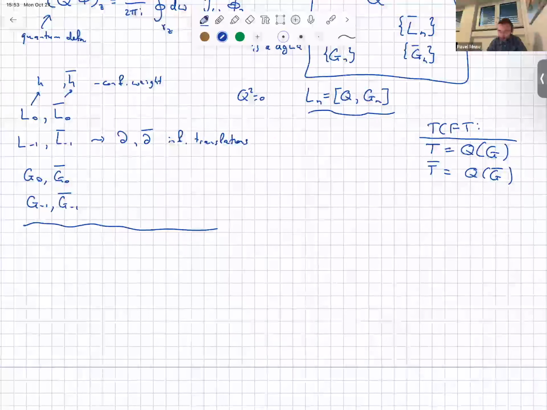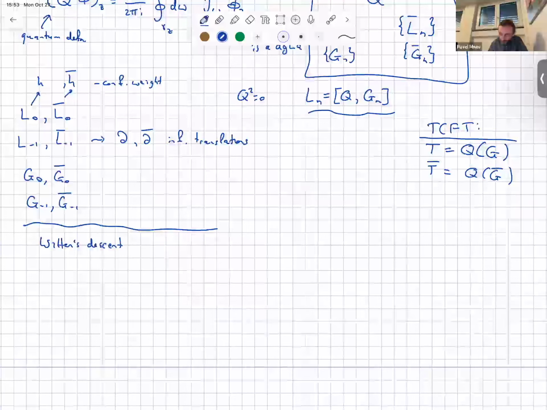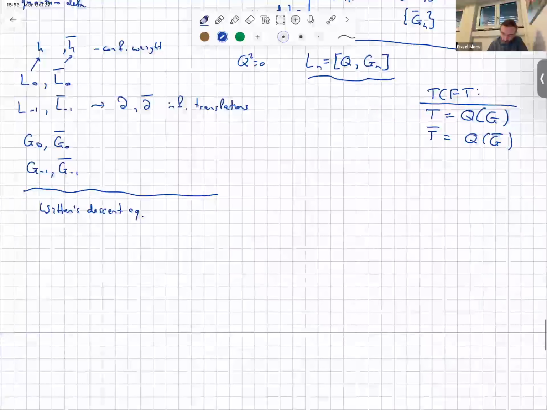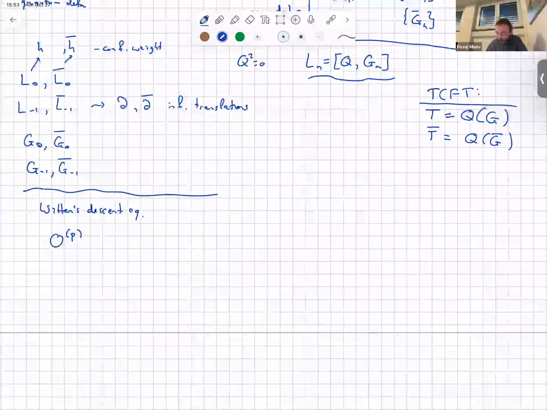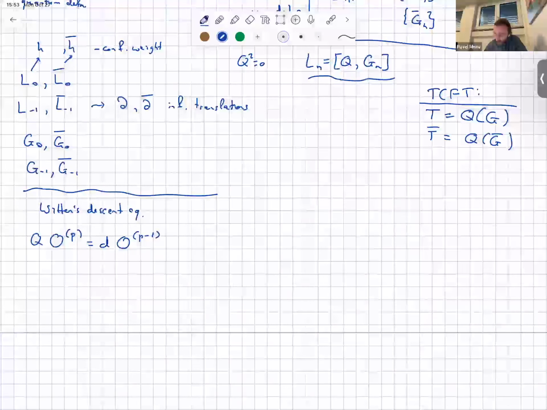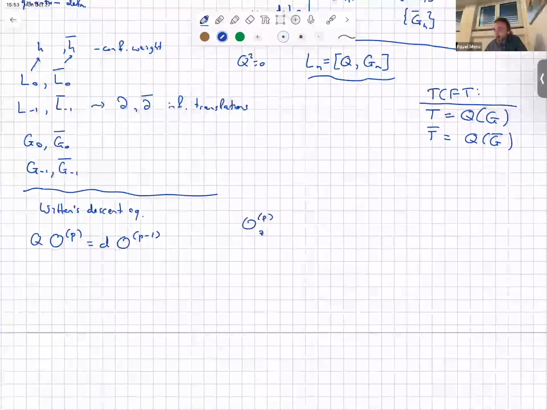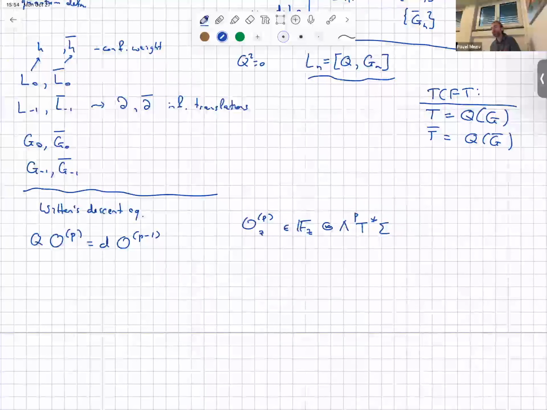Okay, so one can study Witten's descent equations. This is the following sequence of equations on p-form-valued observables. Here O_p at a point z is a composite field, but valued in the fiber of the bundle of p-forms, so a p-form-valued composite field.